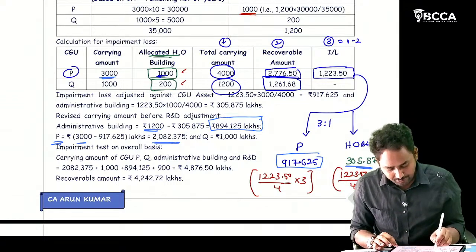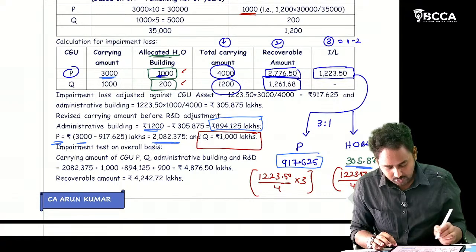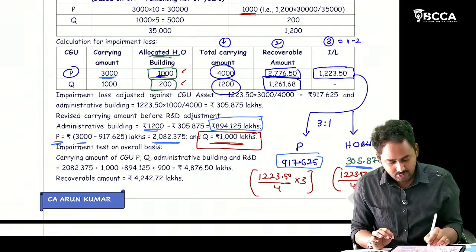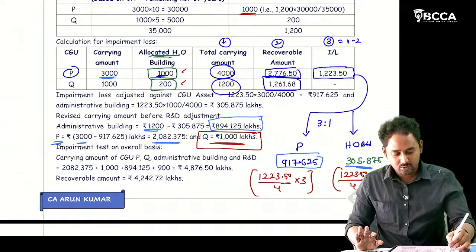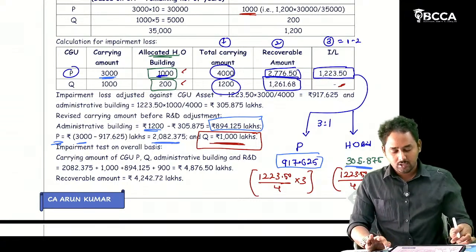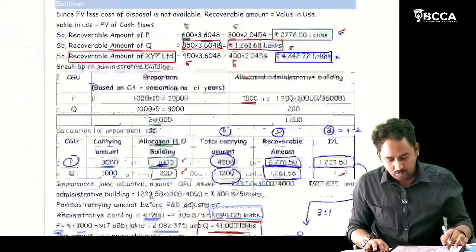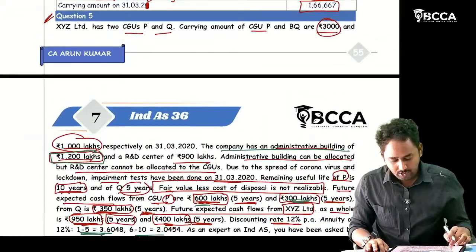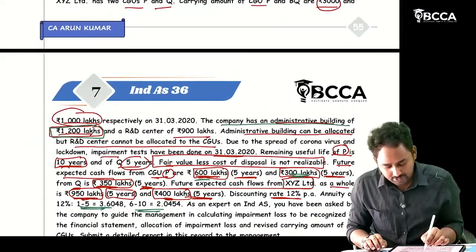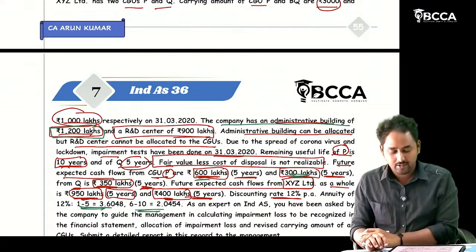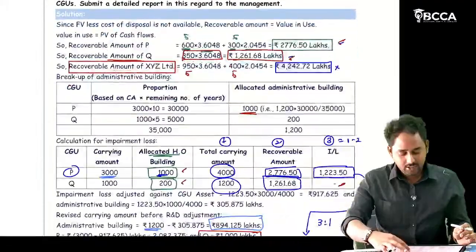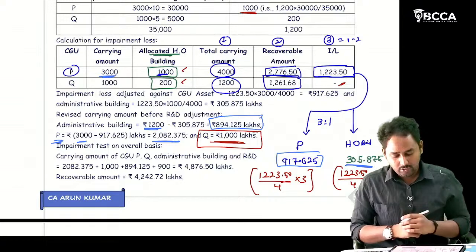And what is the carrying amount of Q? The carrying amount of Q is 1000 lakhs only because there is no impairment loss. Then I need to find out the carrying amount of the non-allocable corporate asset, R&D center, 900. So this 900 also should be included in the total carrying amount.